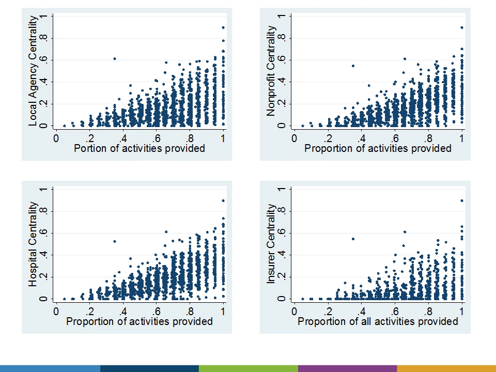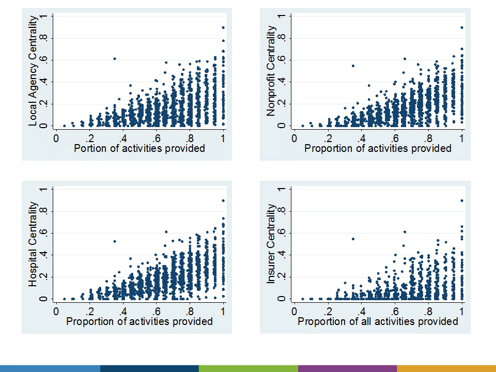What we see here in this data is at least a general trend toward a positive relationship between the centrality of these individual organizations and the total portion of activities being provided in that system. What you're seeing on the bottom axis is that bundle of population health services. So in general, as these organizations play more central roles, participating in more of these activities, we're getting a larger scope of activities in these communities.